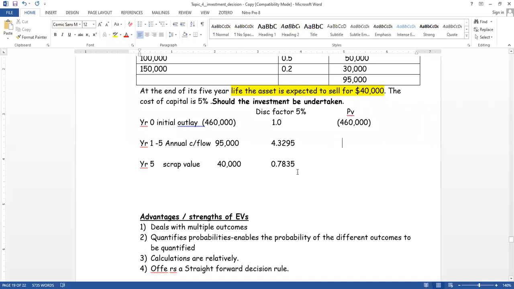Get the PV and then lastly you get the NPV after summing up. You get the NPV, net present value.